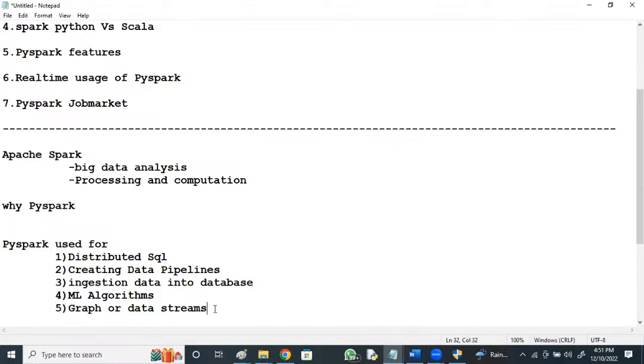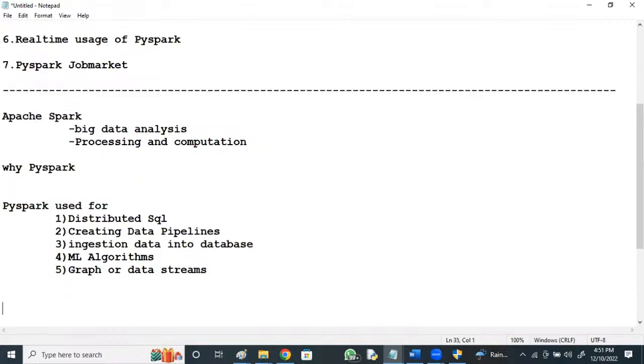What is the need for PySpark? What is distributed SQL? If we talk about normal SQL, and here Spark SQL, we have the concept of data frames. Huge data is there, you process it, make it a structured format and create a data frame.